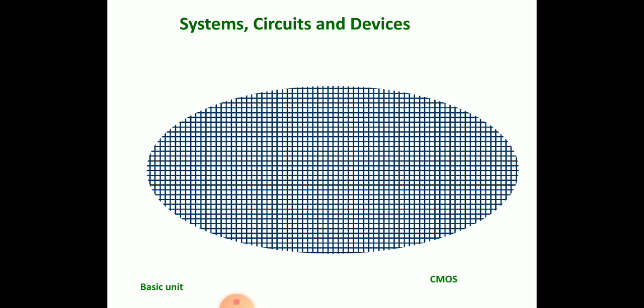Let me give you a pictorial representation of today's world, how it really looks. For that, I'm starting with the foundation of the fabrication. You know that every device has to be built on a wafer. What is a wafer?